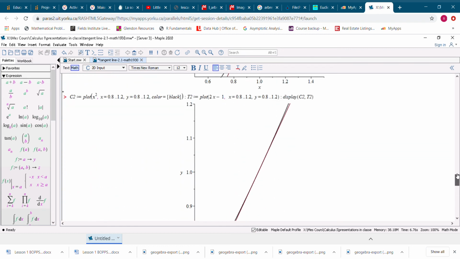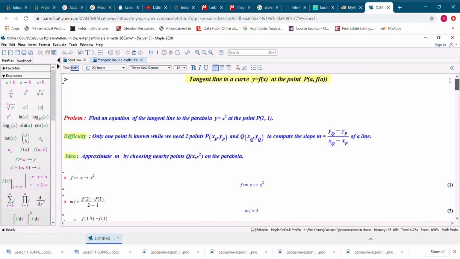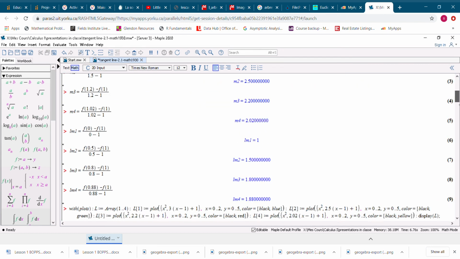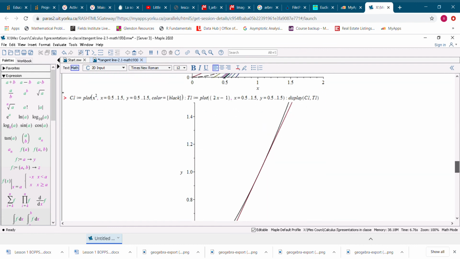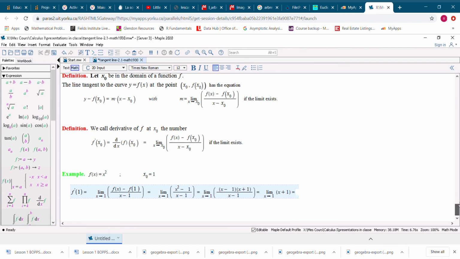So to summarize, the purpose here was to find an intuitive explanation to justify the definition of a tangent line to a curve at a point, and to introduce for the first time the derivative of a function at a point, which is nothing other than the slope of the tangent line to the curve.